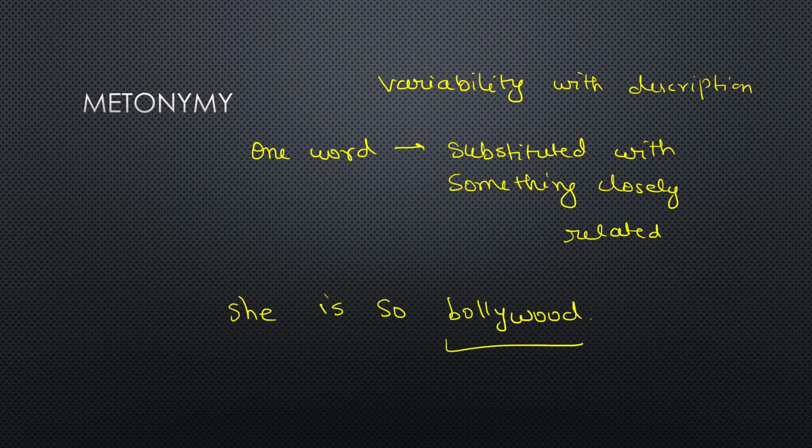Now, Bollywood has a different meaning, but we are using it symbolically here to characterize that person, to show that character. So that's how we have variability in the line, the sentence, in the description. All those things, she's so melodramatic, she's over dramatic, maybe her dressing sense is so classy or so cool, we have clubbed everything together in Bollywood, okay?